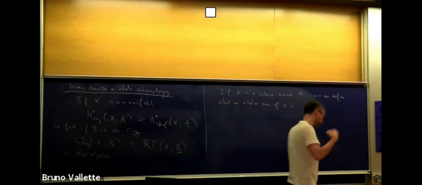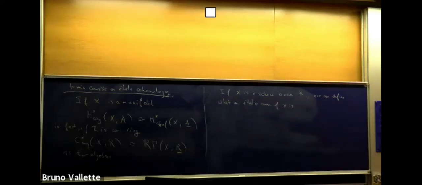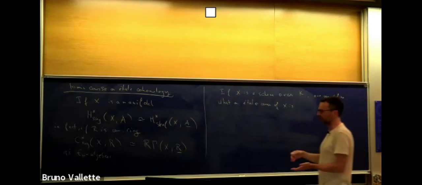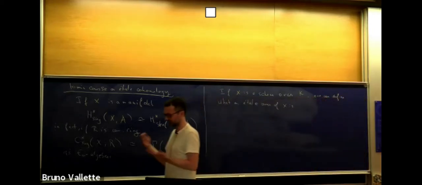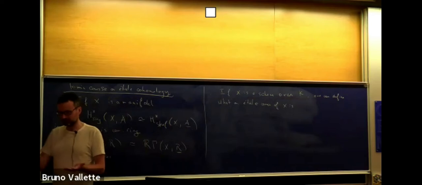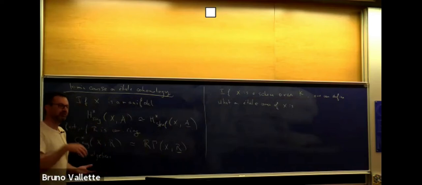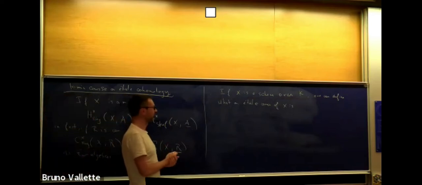So this is some algebraic geometric definition. An étale cover is a collection of maps mapping to X, which are jointly surjective, and such that each of them is étale. The étale map is an algebraic geometric definition, but one way to think of it is like an algebraic geometric version of covering space in classical homotopy theory.